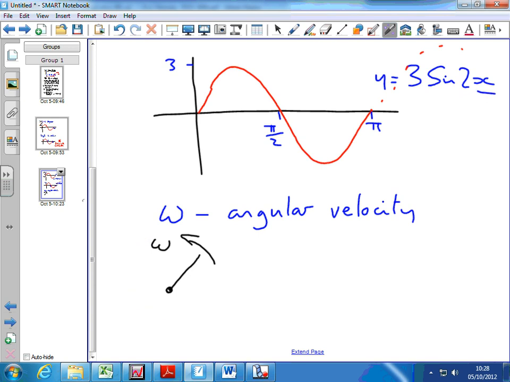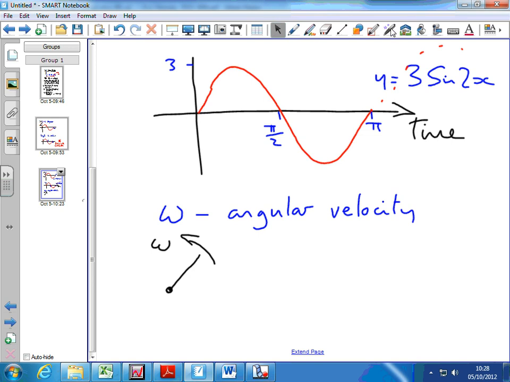So what does x represent? What is x on this axis, really? As it's rotating round, what does that represent? No, not the frequency. It actually represents time.